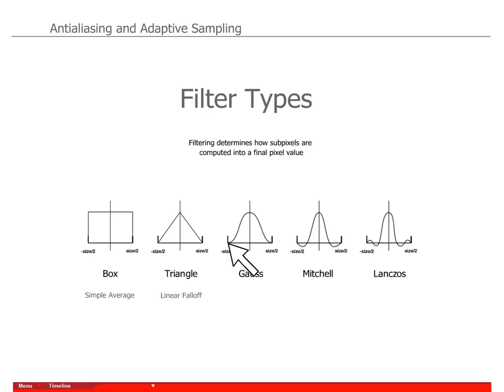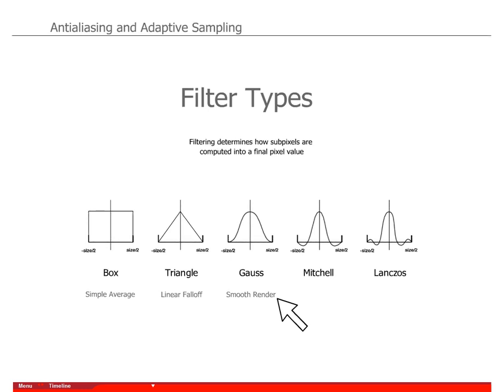If we divide this by 3, so we have 1, 2, 3, we could say that the pixel being rendered will have a pretty flat contribution, almost like a box, and that is the reason why Gauss blurs so much. So if you really want to get away from this CG look and have a very smooth render, with no sharpness at all, Gauss is perfect for this.